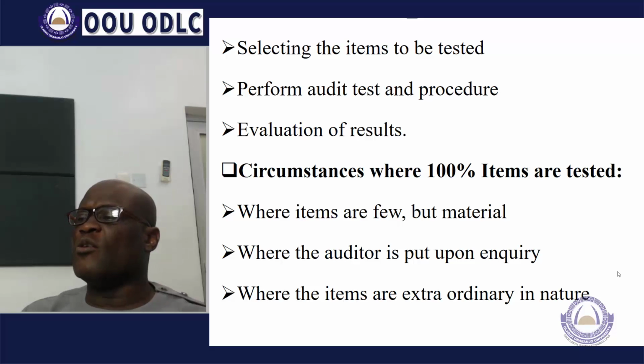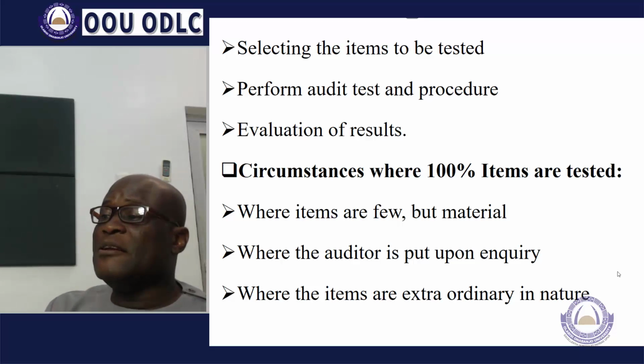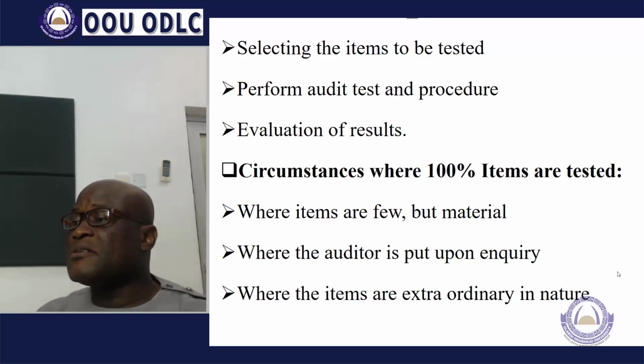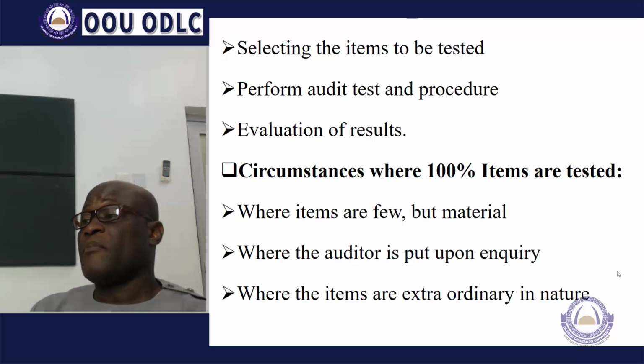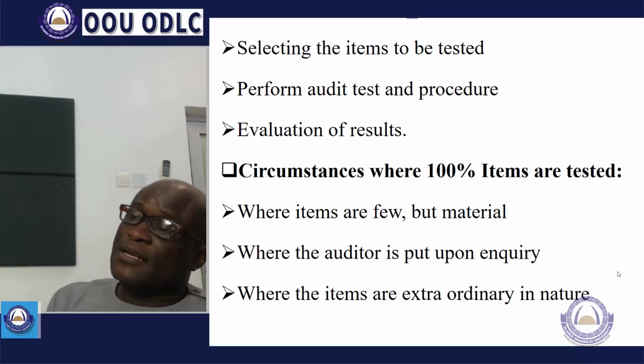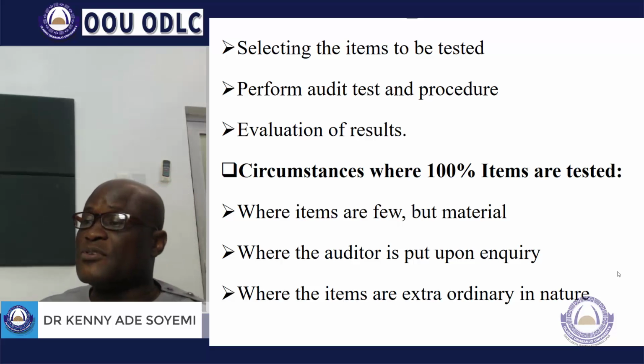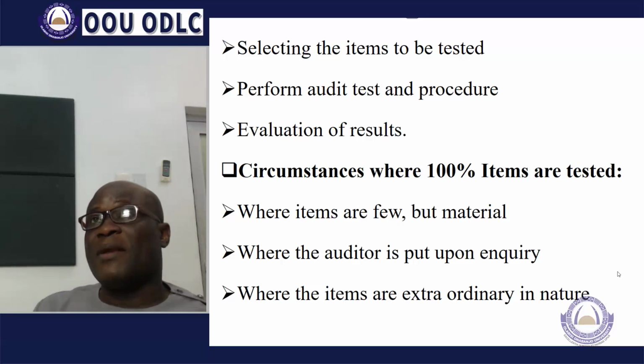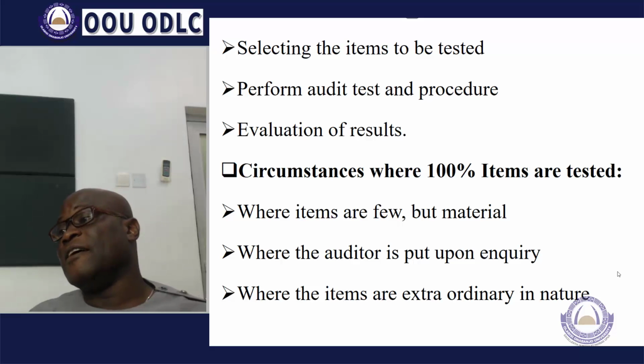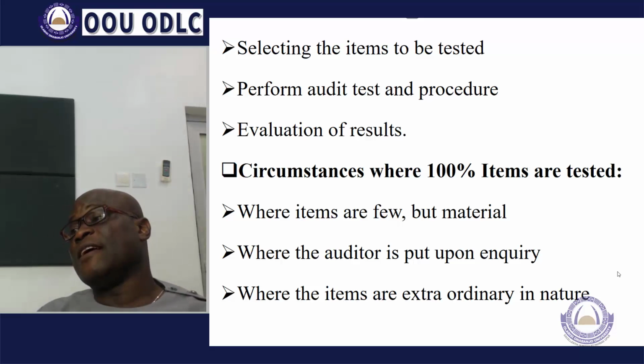Then again, after the performance of the audit tests, you evaluate the result. And this is drawing conclusions based on the tests. Of course, it involves comparison of actual errors to deviations. When you say you are comparing actual errors with deviations, these are stated with compliance tests and substantive tests.